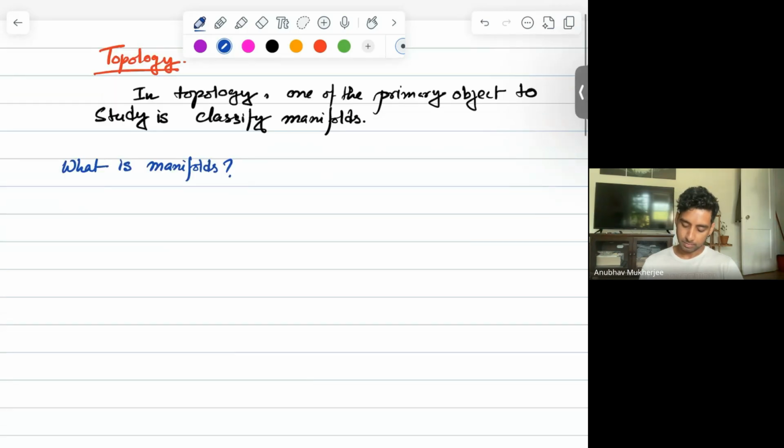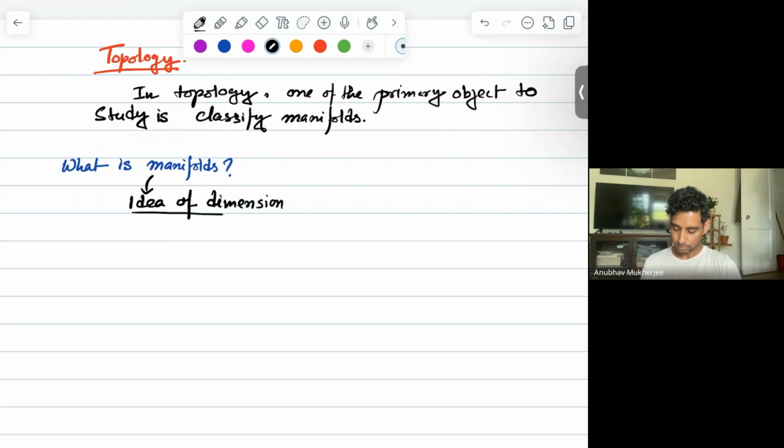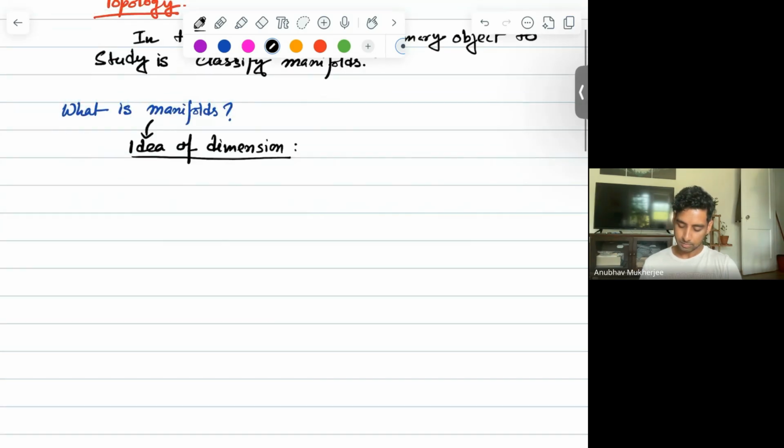In order to understand manifold, first we need to understand the idea of dimension. Let's, for example, imagine that you have a string, and there is an ant walking on the string.